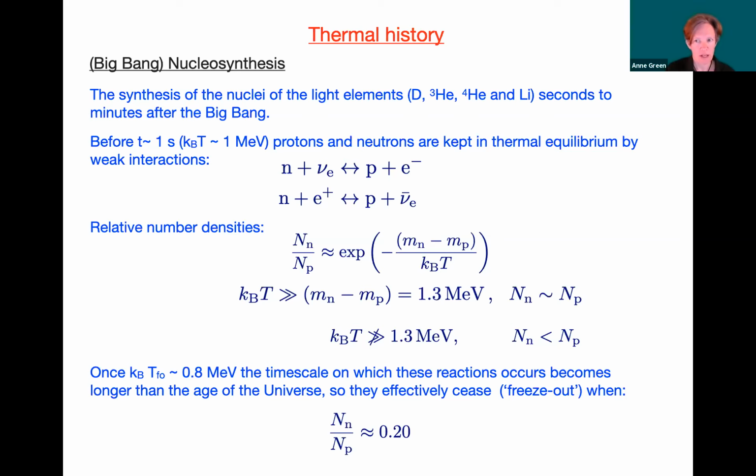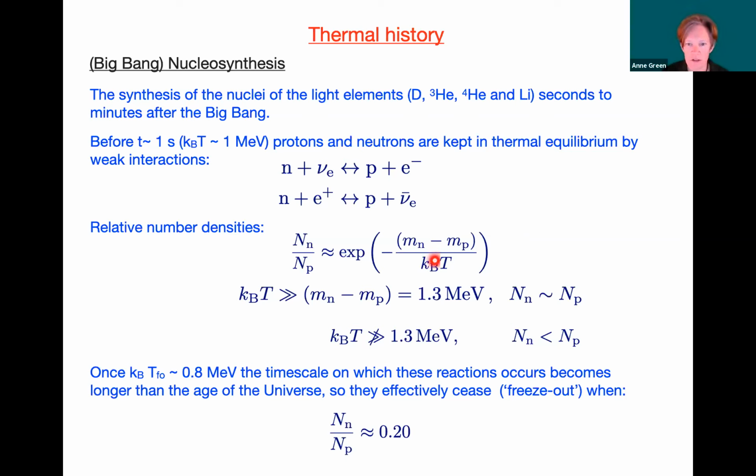So before nucleosynthesis, but after neutrons and protons have been formed, we've got protons and neutrons being kept in thermal equilibrium by weak interaction. So this is before about 1 second or equivalently 1 MeV. And so we've got these interactions going in both directions, keeping the neutrons and protons in thermal equilibrium. And at this time, the ratio of their relative number densities is given by this expression here with the exponential.